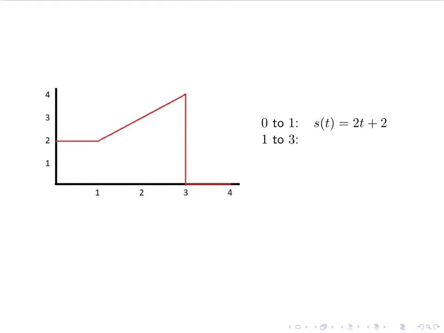From 1 to 3, we're going to have our integral from 0 to t of our whole thing, which we're going to break down, because our integral from 0 to 1 is this lovely rectangle. We've got a height of 2 and a length of 1, so this area is 2.